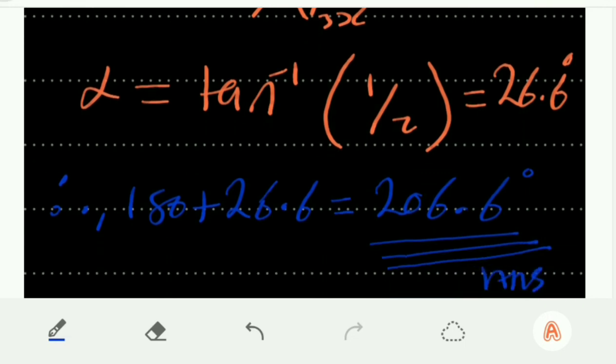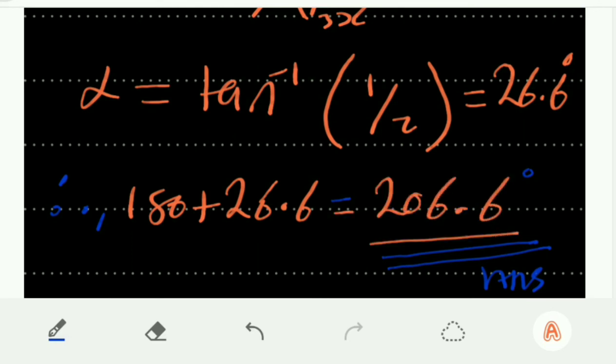With the knowledge that we have, we know that this angle is simply an addition. When we look at the diagram, even just the setup of that, we are adding 180 plus 26.6, giving us 206.6 degrees. I'm sure by now you know why I'm adding this 180 here.